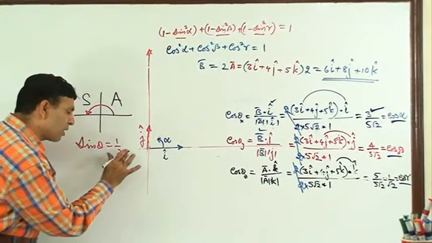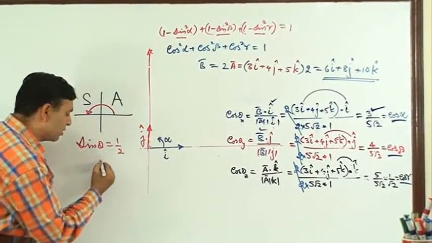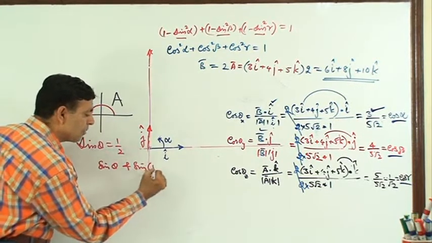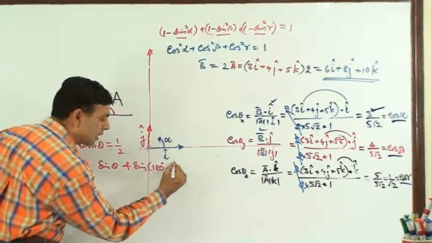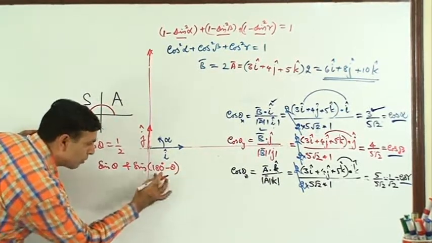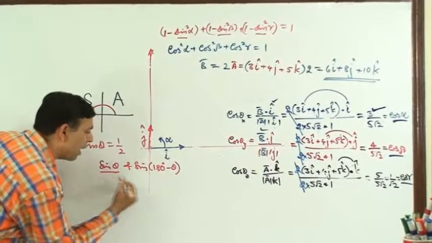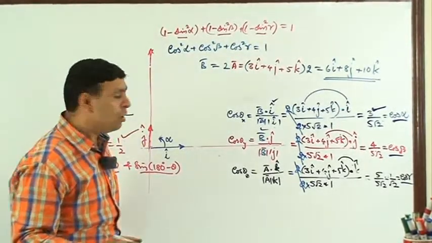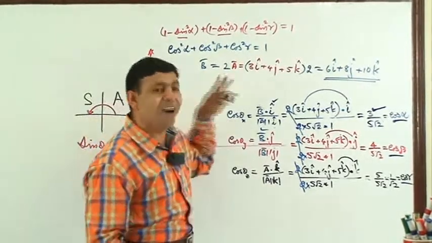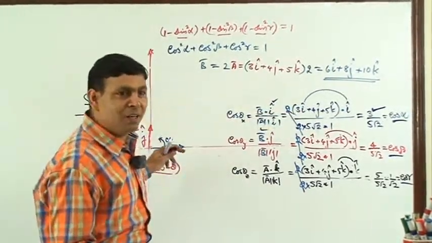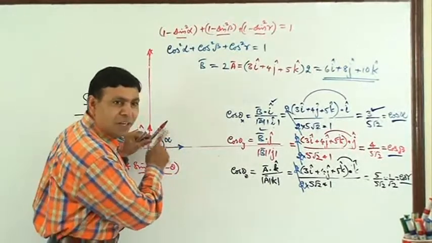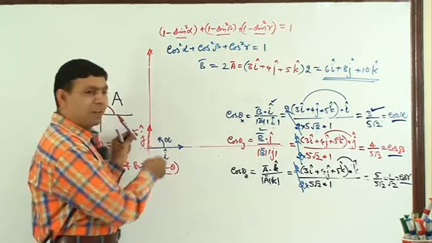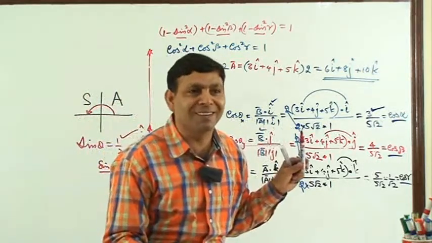That means sin 30 as well as sin 180 minus 30 both will have the same value. When theta is 30 degree, 180 minus 30 is going to be 150. So sin 30 and sin 150 both have the value half. So if you get sin alpha as half, can you guarantee that the angle vector A makes with positive x-axis is 30 degree? No, it might be 30 degree or 150 degree. So it doesn't give you the unique value of the angle.